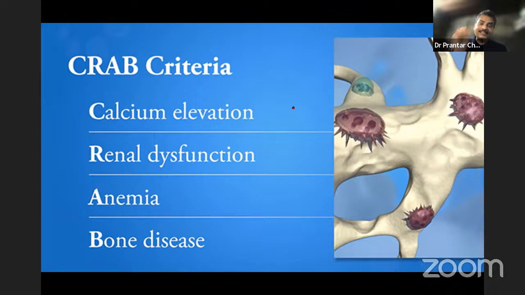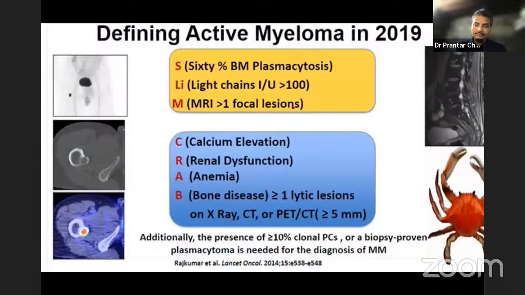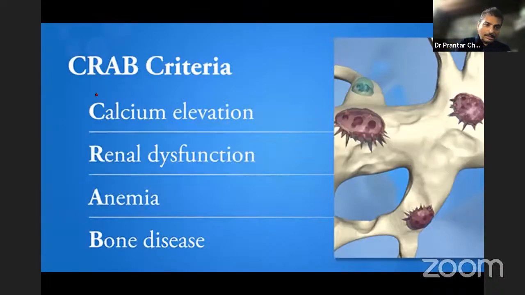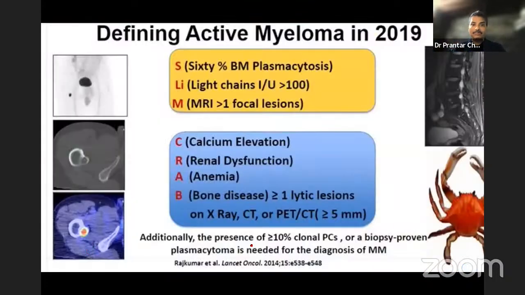So this is the CRAB criteria, right? And what is that? Calcium elevation above normal, renal dysfunction, that means creatinine high, anemia, where other causes have been ruled out. Obviously, the anemia cannot be due to iron deficiency or hemolysis, and bone disease. I told you how to do the imaging. So this is CRAB.